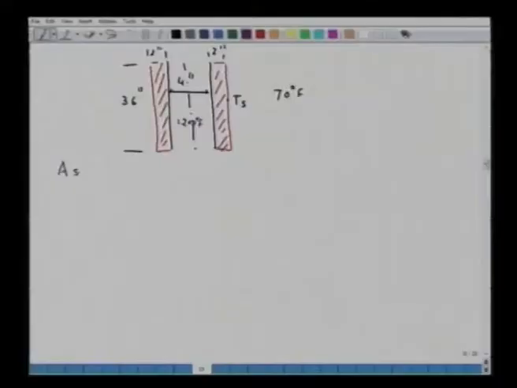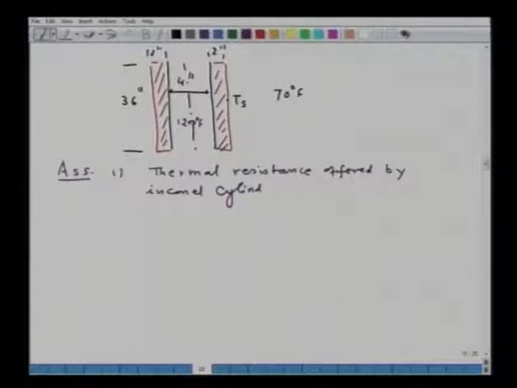So, we make certain assumptions here. Assumption number 1: the thermal resistance offered by the inconel cylinder is negligible. We have to justify this because the inconel cylinder has a very high thermal conductivity, so it will not offer any thermal resistance to heat flow.